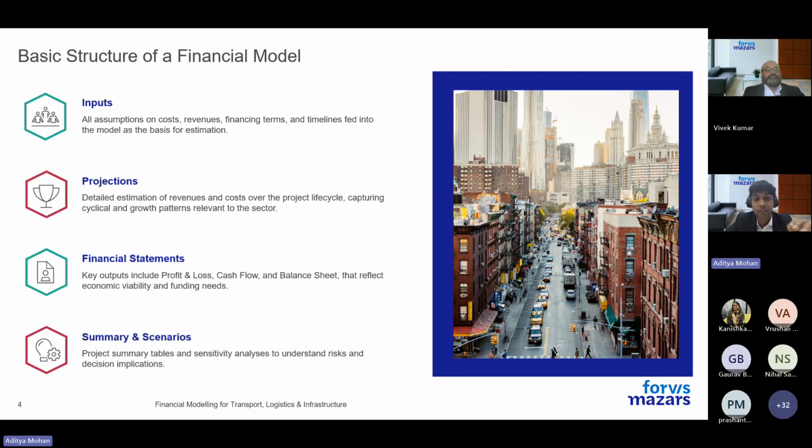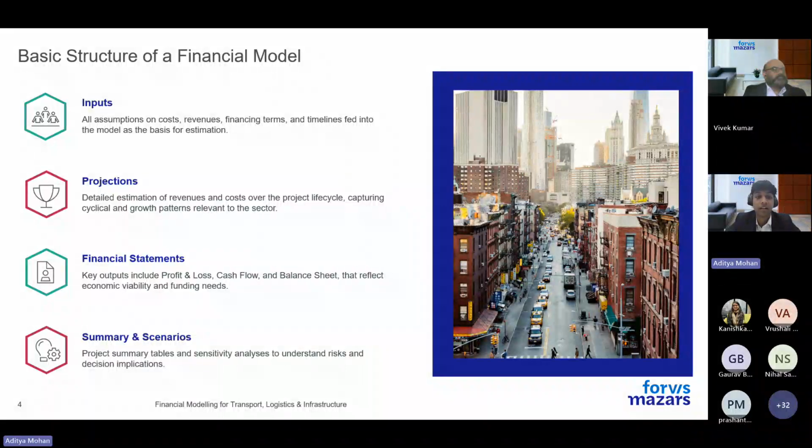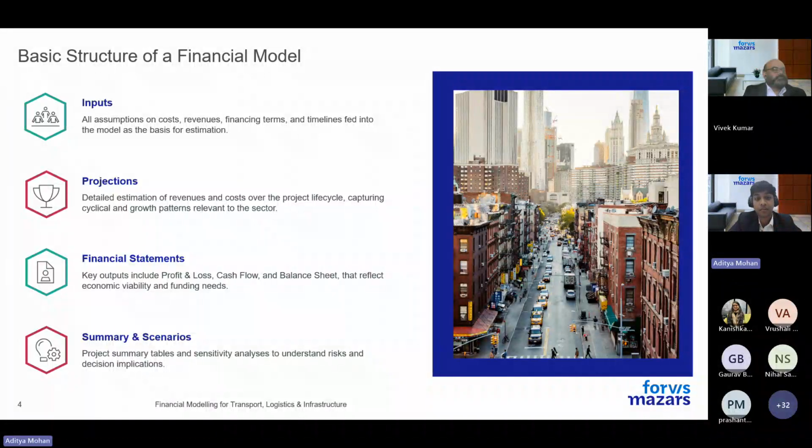Now, these projections are spread across project life cycle like construction, ramp up, stabilization, and maturity. They help capture seasonal trends, inflation impacts, and growth assumptions. So, for example, if you're making a financial model for a road, toll revenue projections can be built on an assumption of 6% annual traffic growth and periodic tariff hikes.